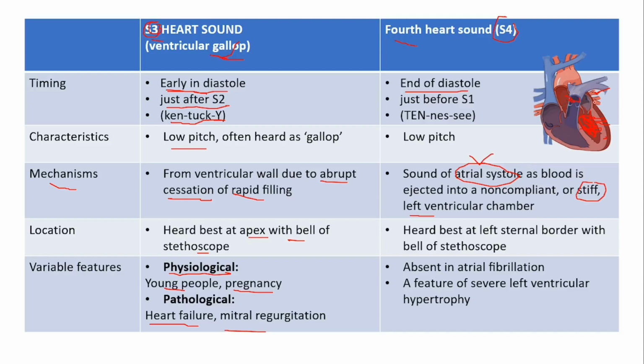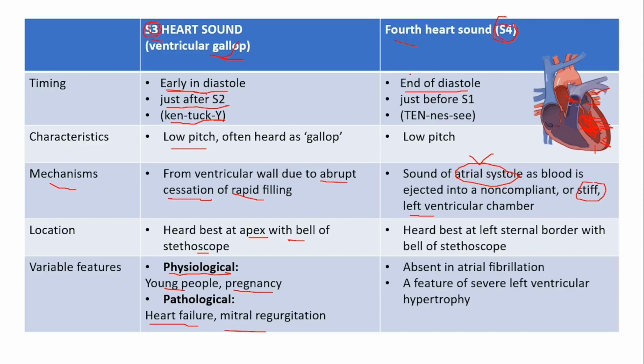The blood, with the help of atrial contraction, moves from the left atrium into the left ventricle, but due to the stiff ventricle, the blood will not be pushed easily, and the left atrium has to work very hard. So this forceful contraction of the left atrium will produce a vibration, and that vibration will be heard as the S4 heart sound.